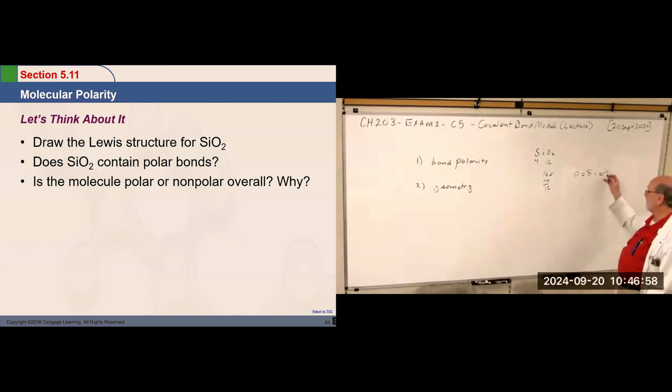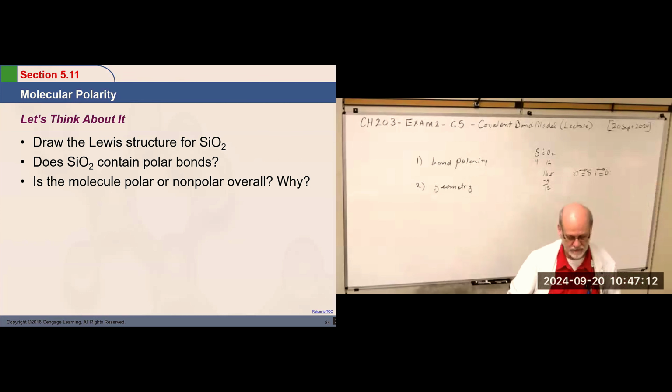Well, the bond may be polar toward the oxygen. But this is a linear molecule, right? It's got 2 groups, so it's linear. And those cancel each other out. Oh, they're relying on me to explain it. So there you go.